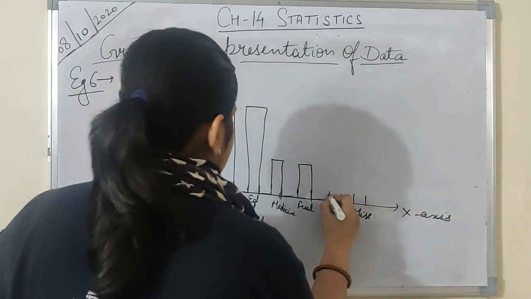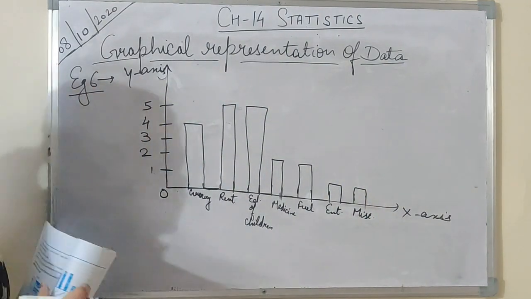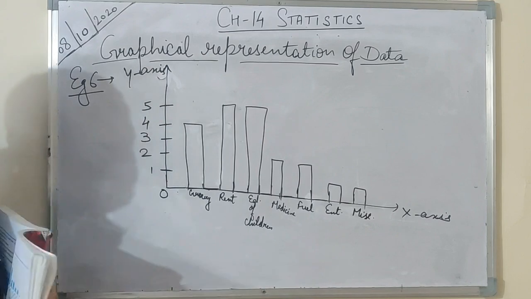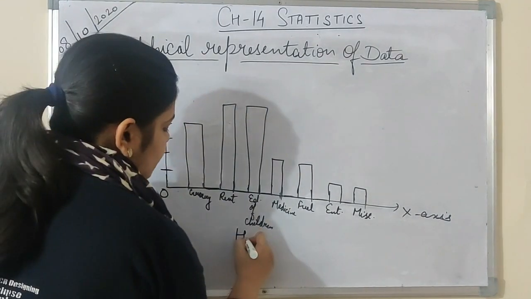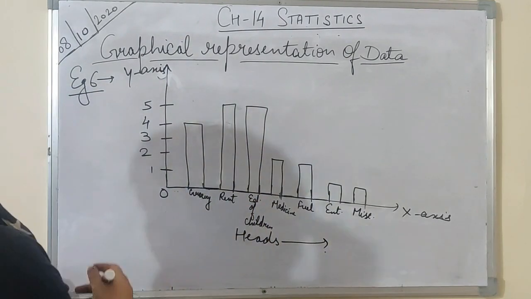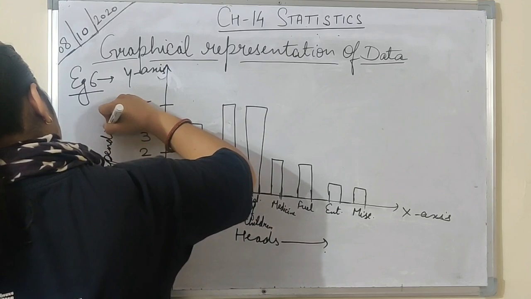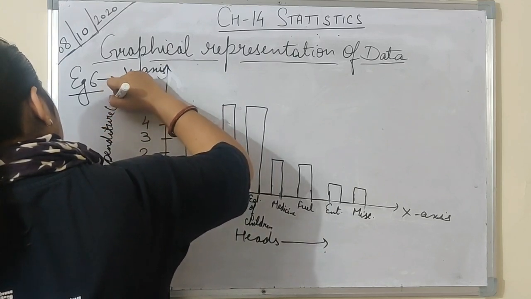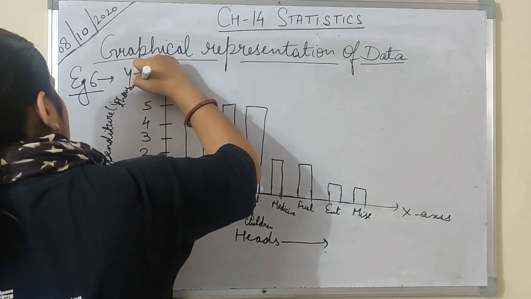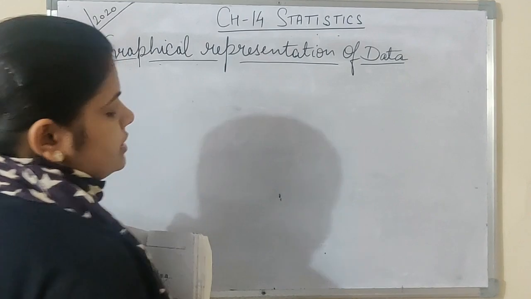Then for entertainment, it is 1. Then for miscellaneous, it is again 1,000. So I hope till here there is no doubt. Here you will mention that these are the heads, and here it is expenditure in thousands. So I think till here there is no doubt in this example.